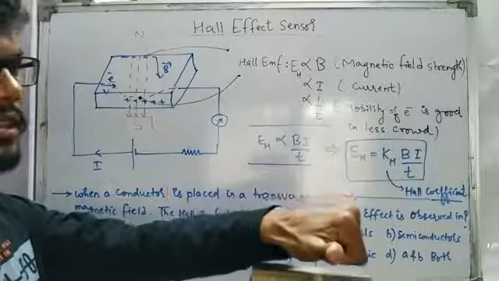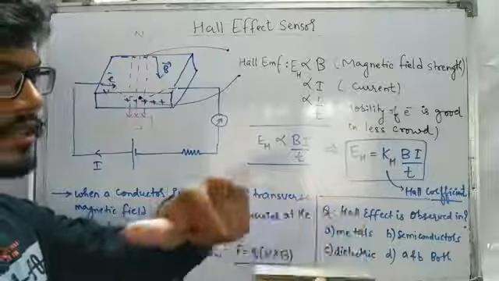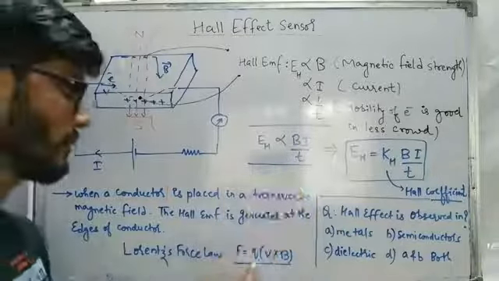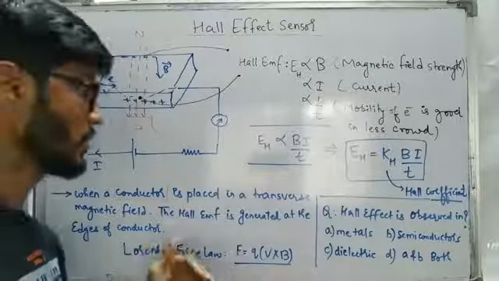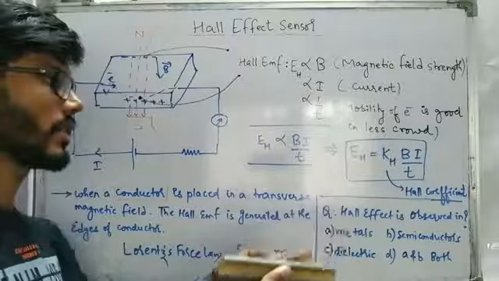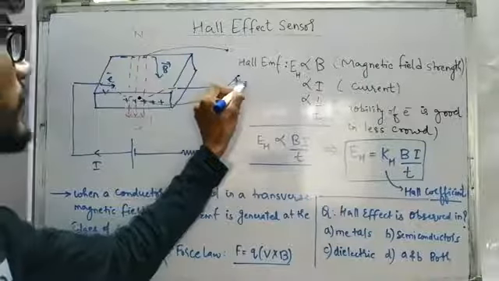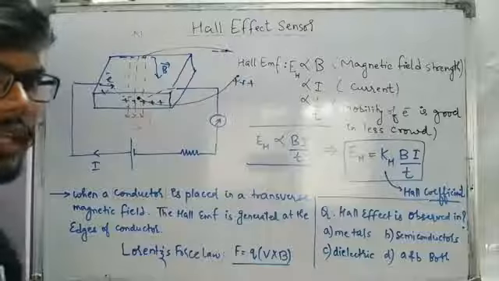So we are going to get the direction in this particular manner. If we have positive charge, the direction will be the same. If we have negative charge, the direction will be reversed, because if q is positive, this is going to be the direction, and if q is negative, then on this particular side we are going to get the electrons accumulated. So this is going to be the positive side, and this is going to be the negative terminal.